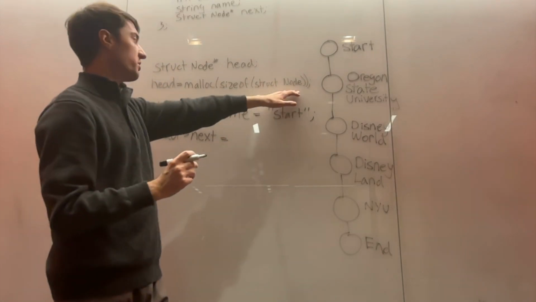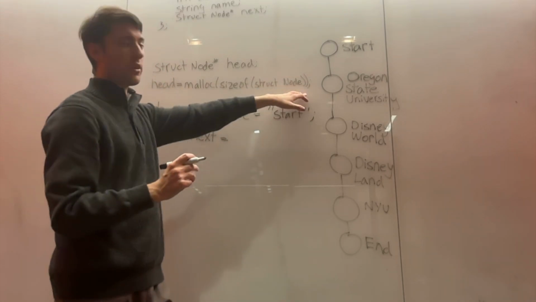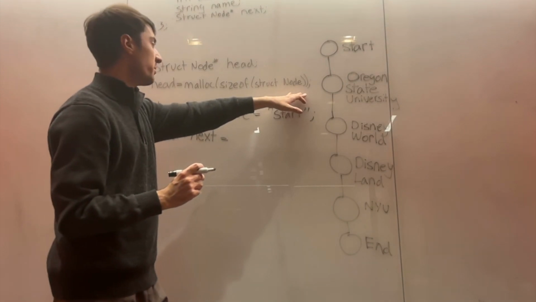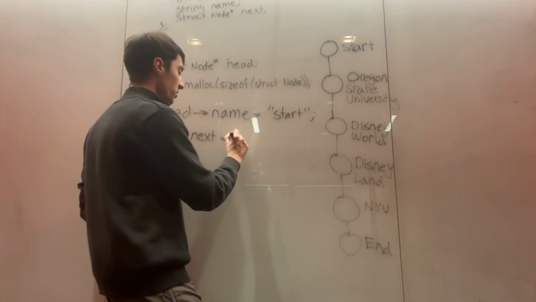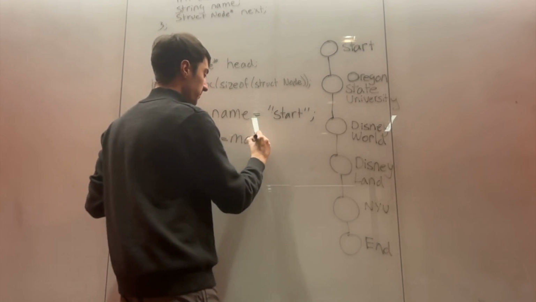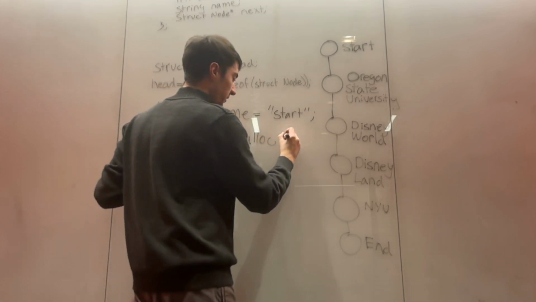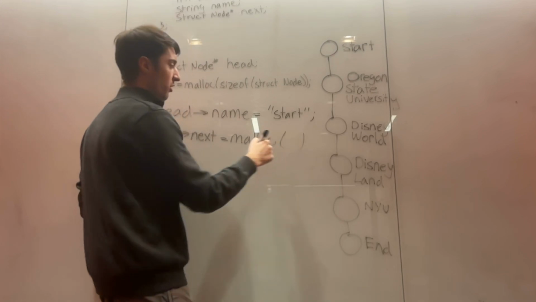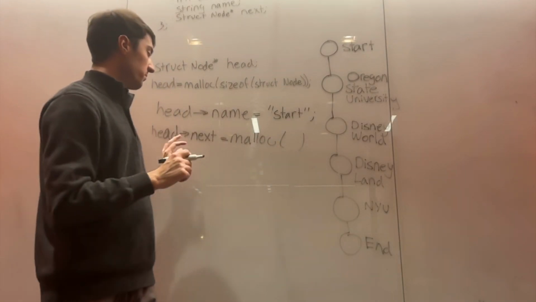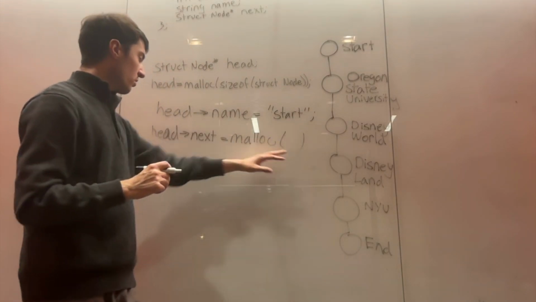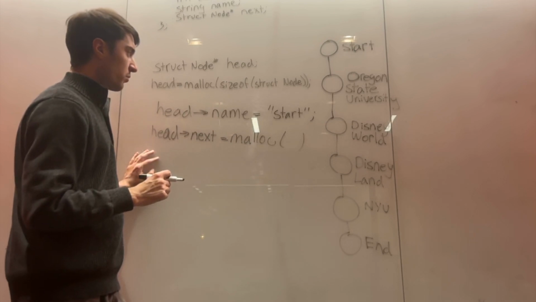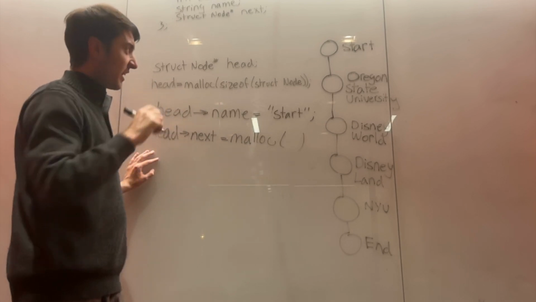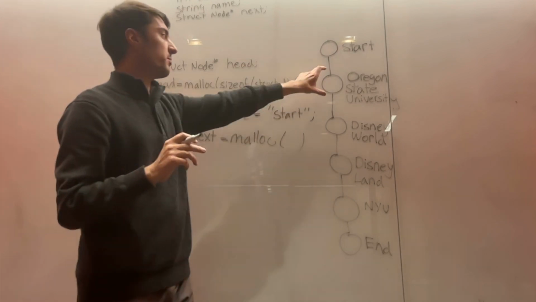Well, we're just going to use this. We're just going to allocate another piece of memory to it, so we just have malloc, and then struct node in there, and then cast it as well. So we do that, and what does that actually do? Okay, well, that allocates a new piece of memory.